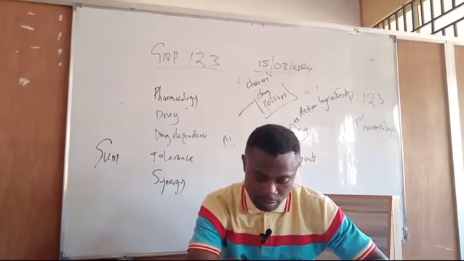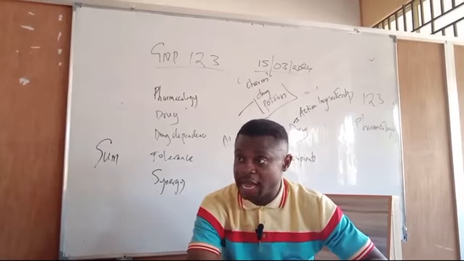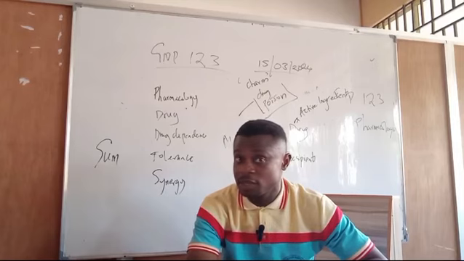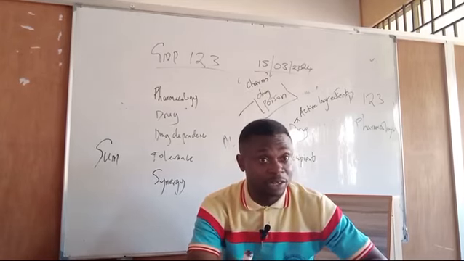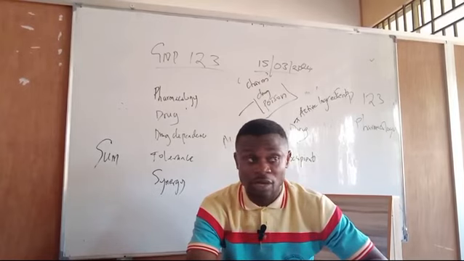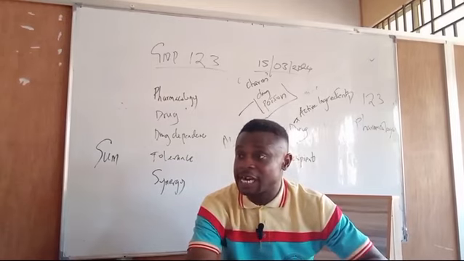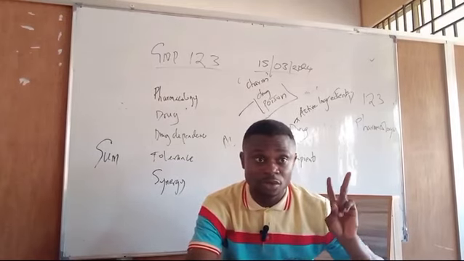In Septrin, we have two drugs. Are you aware? Septrin, also called Cotrimoxazole, has two drugs: sulfamethoxazole plus trimethoprim.